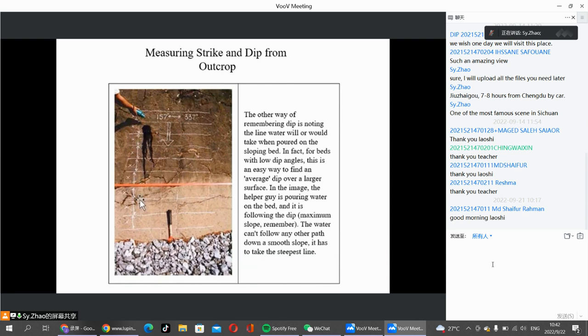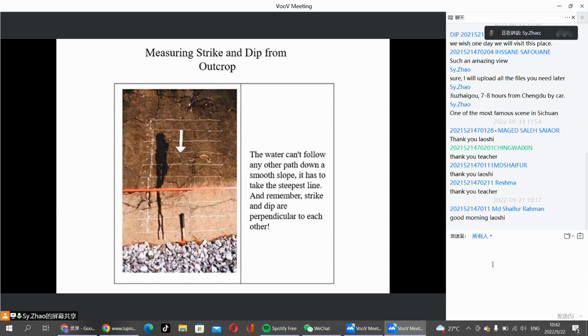Instead, it has to take the steepest line always. So please remember that strike and dip are always perpendicular to each other.